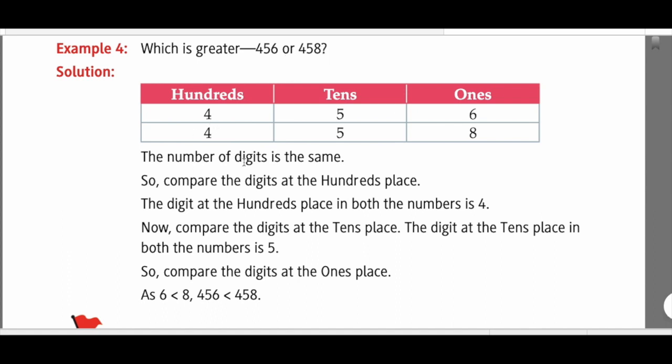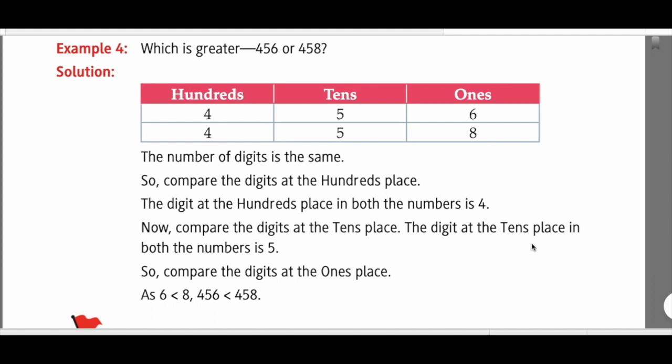So let us see here. The number of digits is the same, both are 3-digit numbers, so compare the digit at the hundreds place. Yes, we did. The digit at the hundreds place in both numbers is 4. Now compare the digit at the tens place. In 456 we had 5 in the tens place, and in 458 we had 5 in the tens place.